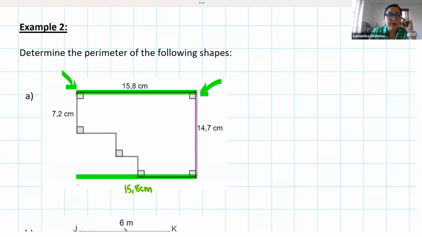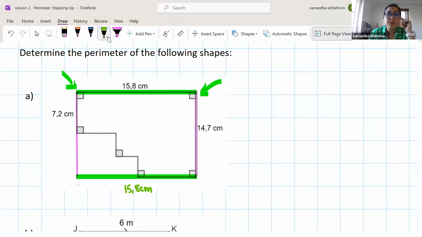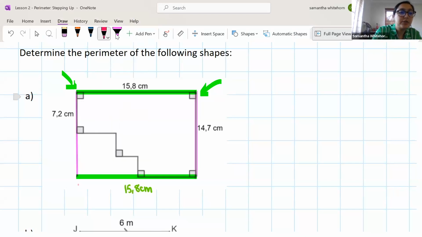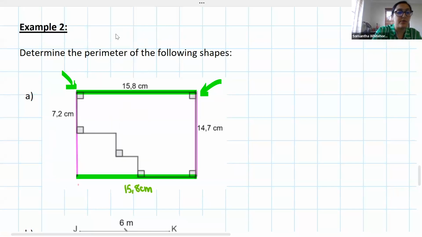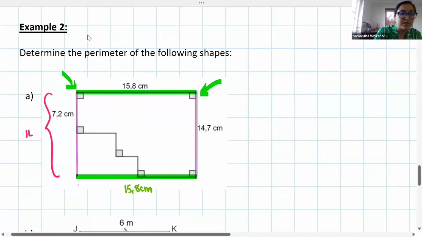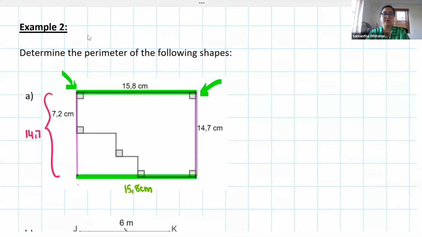And so that would mean that if I extended the 7,2 centimeters all the way down to the bottom, I would once again have an entire length of 14,7 centimeters. So again, piece of information that's quite helpful for me to know. This entire length here would be 14,7 centimeters.